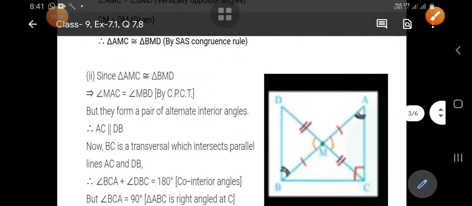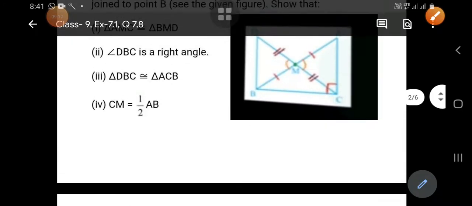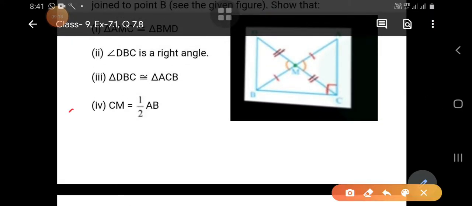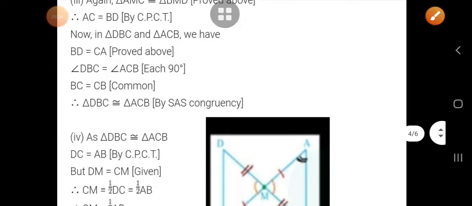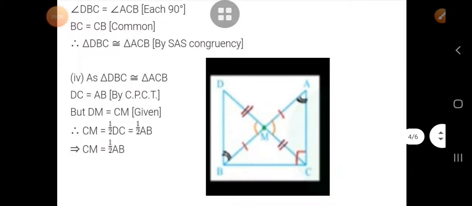So now the fourth one: we have to prove that CM is equal to half AB. See the picture. This is the fourth one.